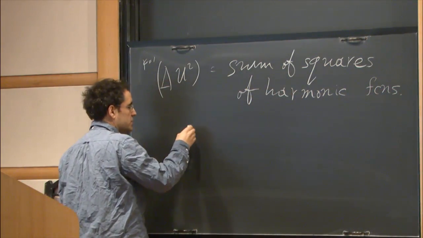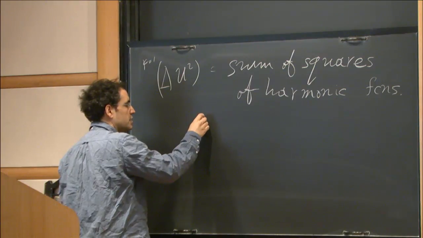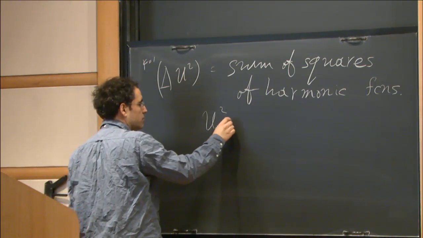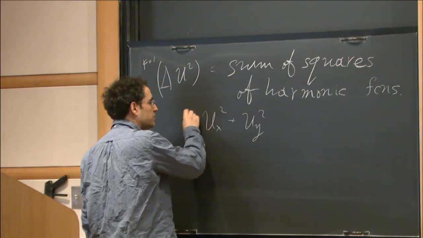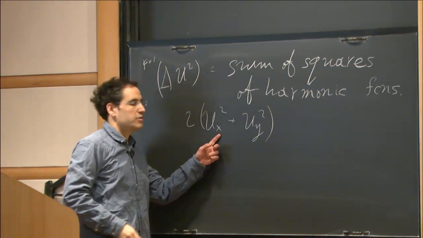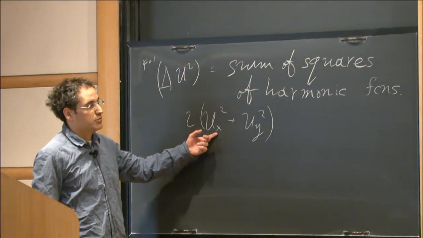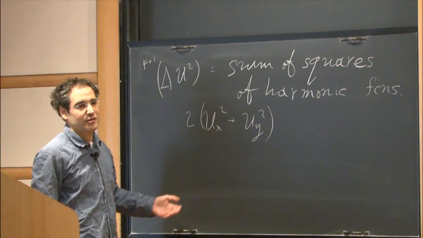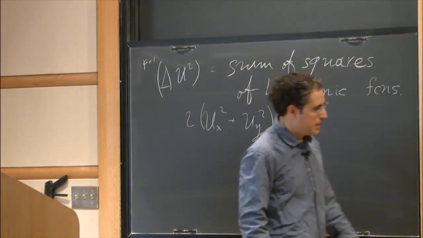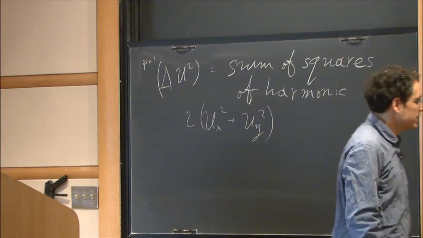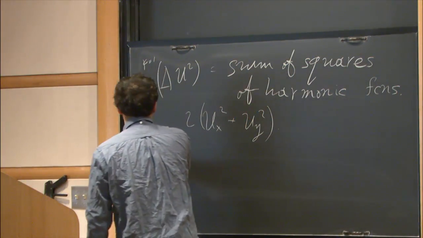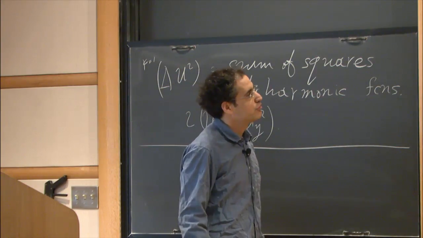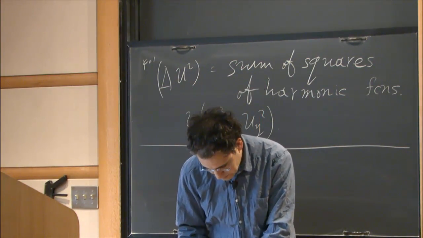Just to see why, in R^2, for example, you have u_x squared plus u_y squared, and the derivative of u is also harmonic. So you have a sum of squares of harmonic functions, so you can iterate. So each power of Laplace applied to u squared is non-negative. Okay, so this gives you the proof of the theorem.